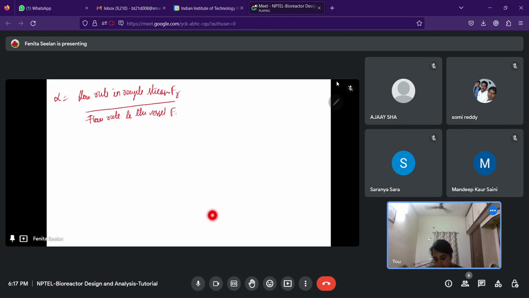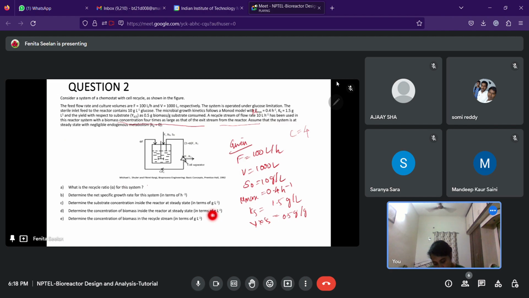Here the recycle stream flow rate, which is FR, is equal to 10 liter per hour.